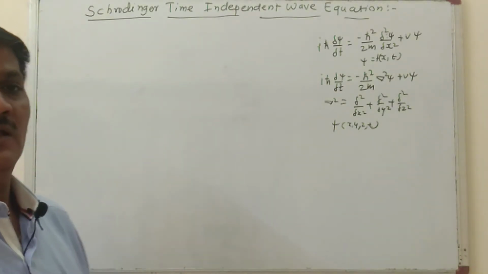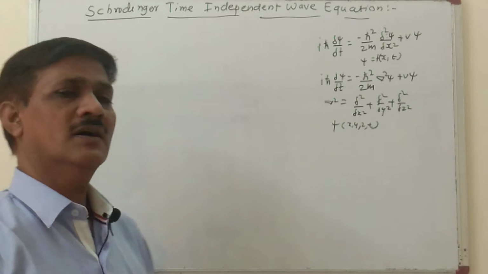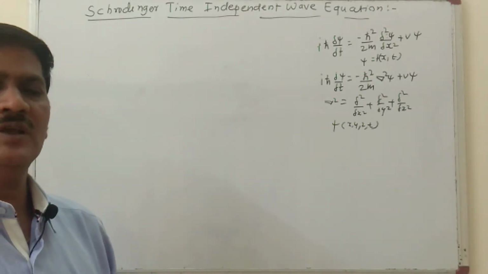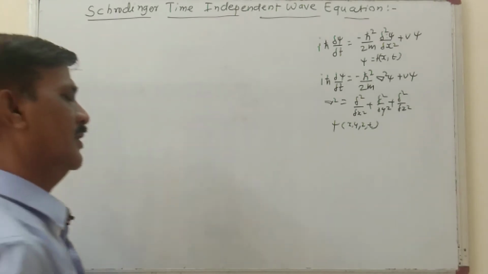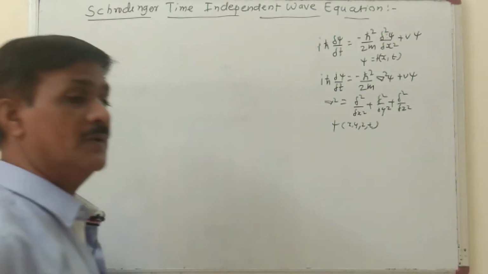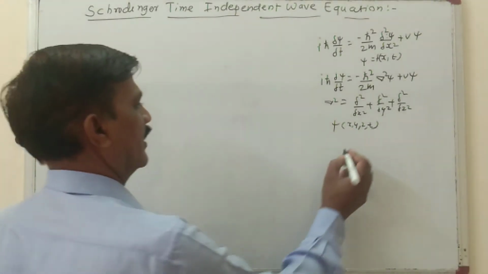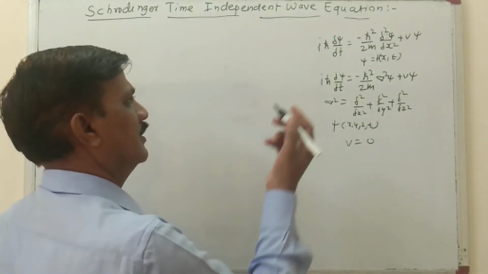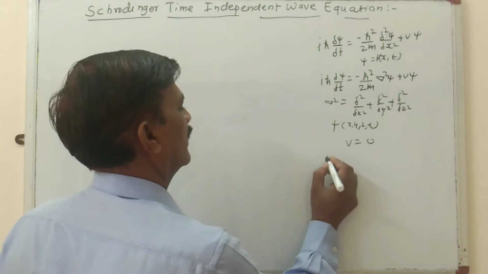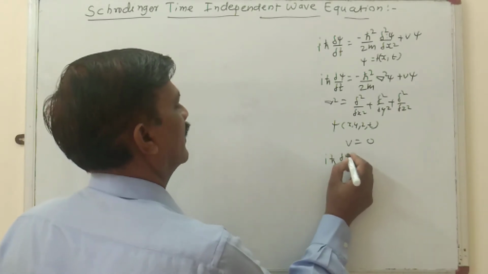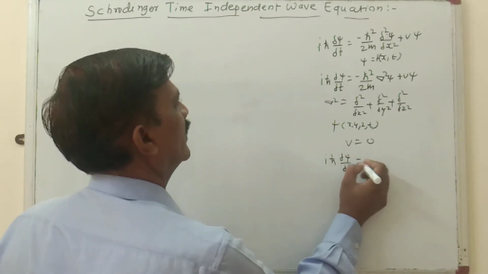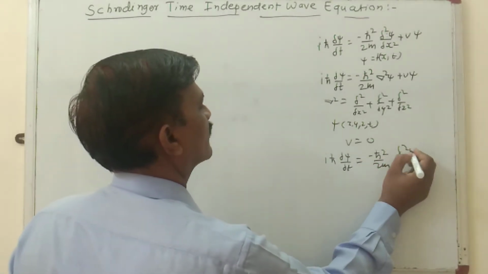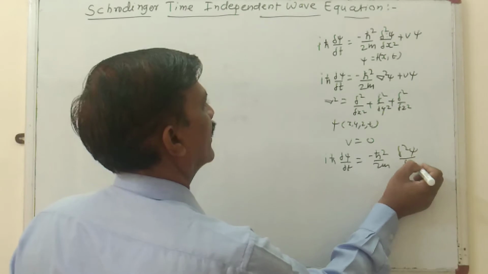But when we consider the Schrodinger time dependent wave equation for free space, in case of a free particle, the potential energy is 0. Therefore, the above equation is written as iħ ∂ψ/∂t = -ħ²/2m ∂²ψ/∂x².